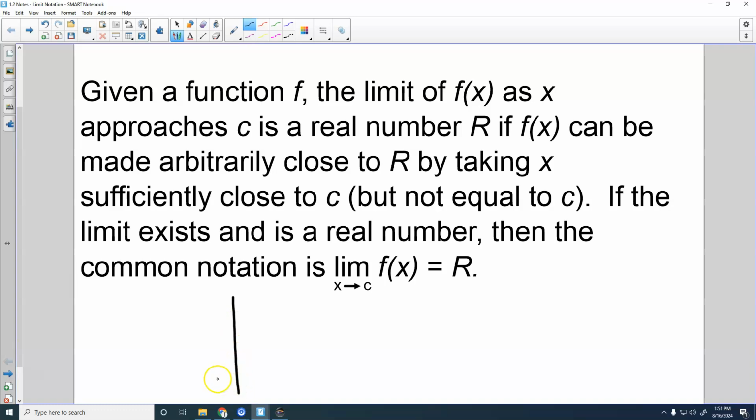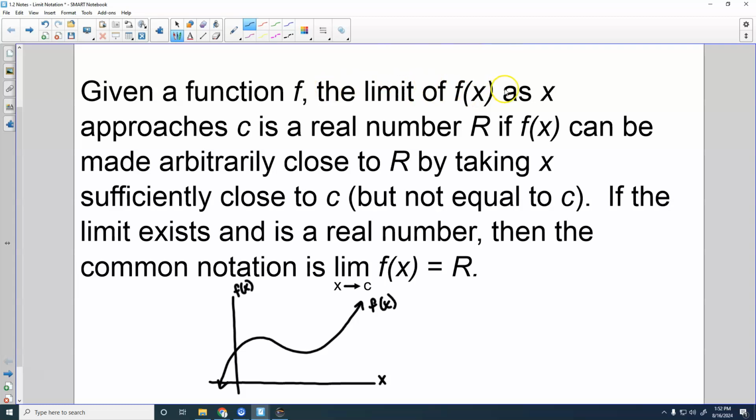So if we have just a function, and I'm going to draw maybe something like this, and we're going to call this f of x, right? And so this would be my x-axis here, and I could call this the y-axis, but since I've labeled my function f of x, I'm going to call it the f of x that we have there, right?